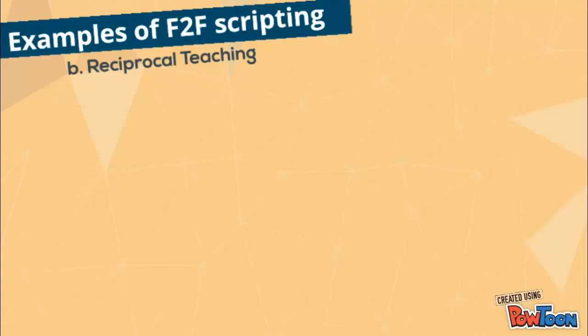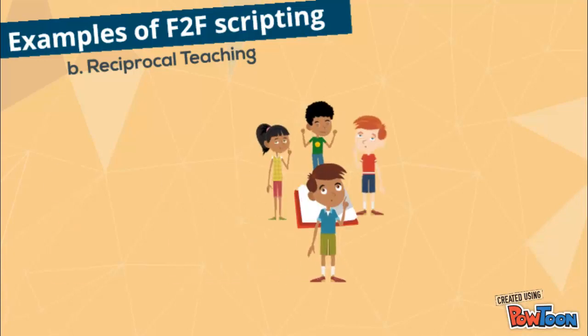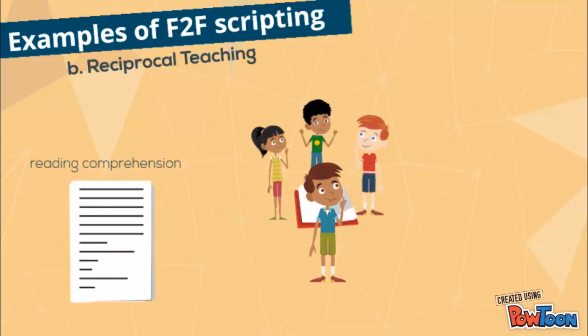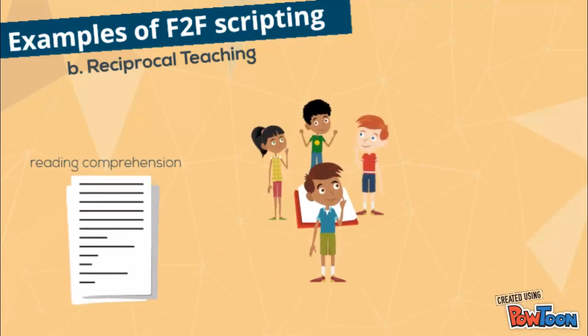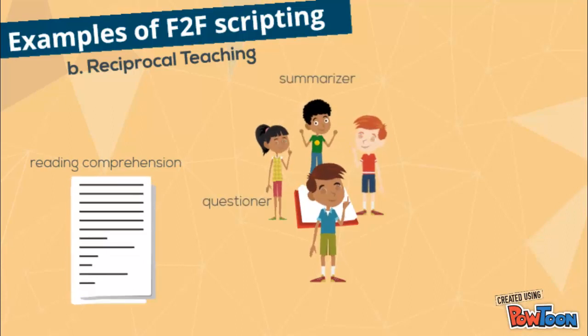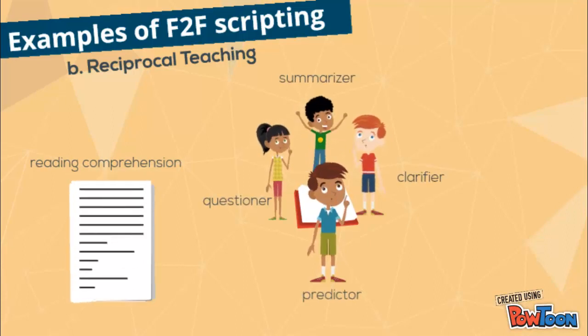Second, reciprocal teaching. In reciprocal teaching, learners are provided with a structure of interaction for comprehending test material in small groups. Group members take turns assuming roles as questioner, summarizer, clarifier, and predictor.